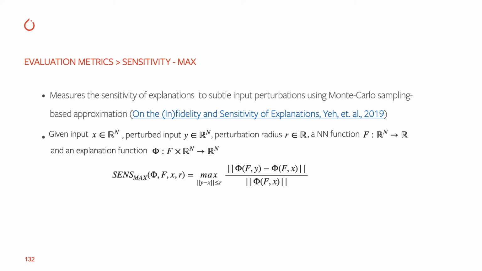Given an input x, its perturbation y on the radius r, a neural network function f, and an explanation function phi, sensitivity max is defined as the maximum distance between the attributions with and without perturbation normalized by the norm of the explanations without perturbations. Lower sensitivity max scores mean that our explanations are more robust and less sensitive to subtle input perturbations on the radius r.